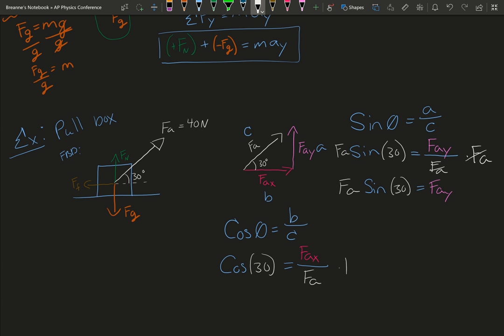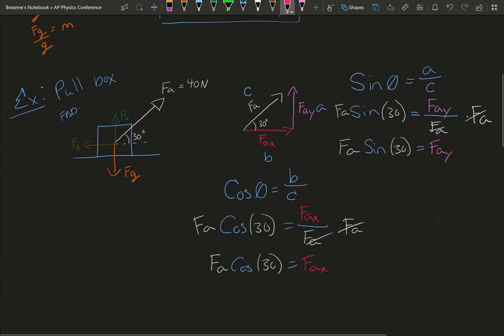Again, we're looking for our force applied in the X, so we're going to multiply both sides by FA to get that by itself. So we're going to do our force applied cosine theta equals our force applied in the X. So now we know how much is in the Y direction, how much is in the X direction.